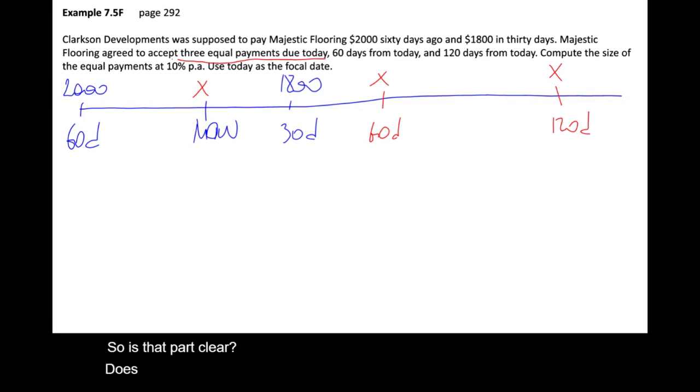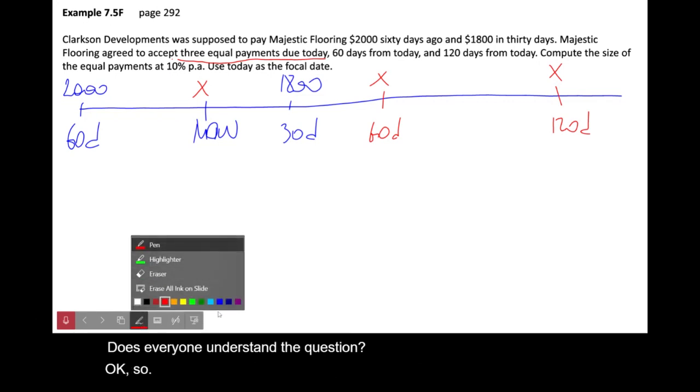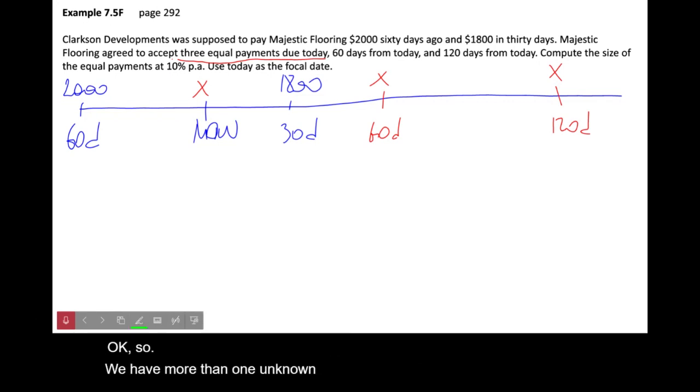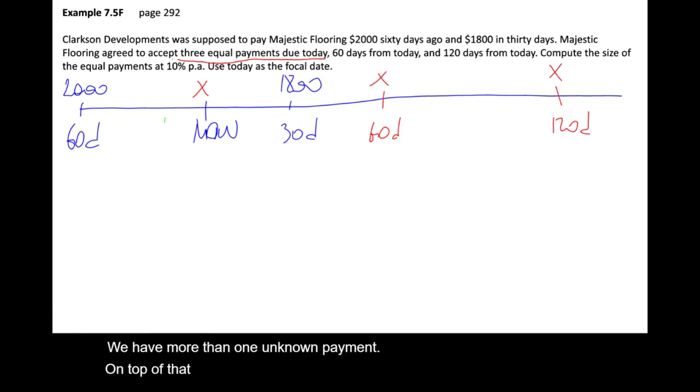Does everyone understand the question? Okay, so we have more than one unknown payment. On top of that, they say today is a focal date.